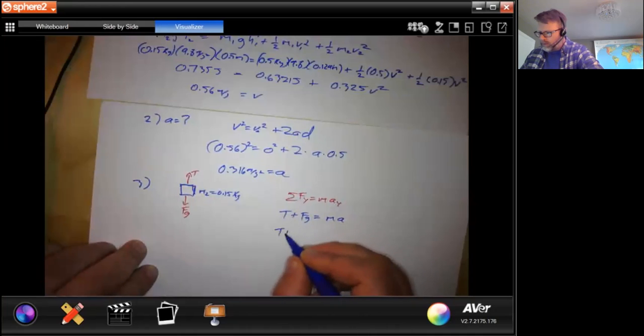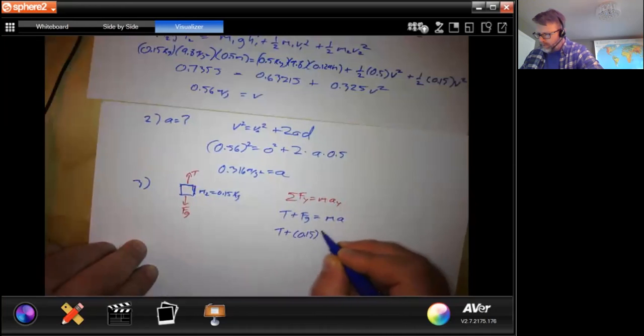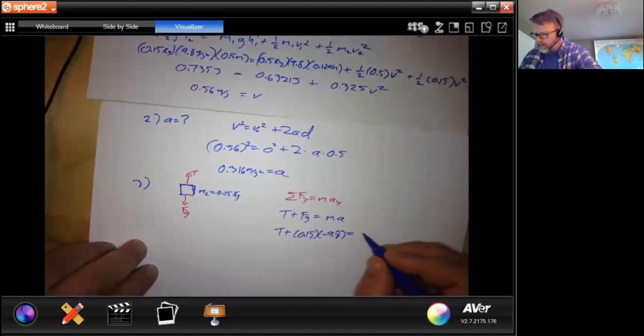So we'll have T, times, we said 0.15, negative 9.8. Remember, now this is going down, so that's what I want to track here. It's pulling down, and then 0.15 times negative 0.316.